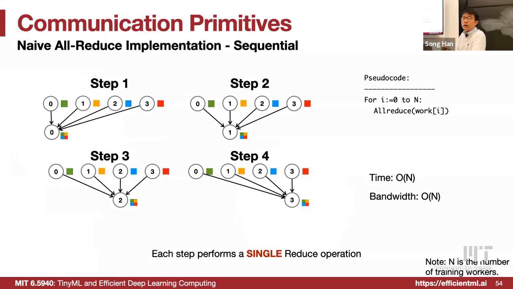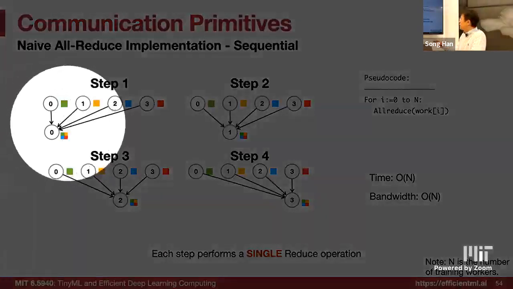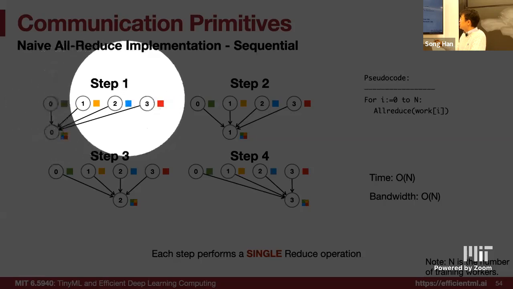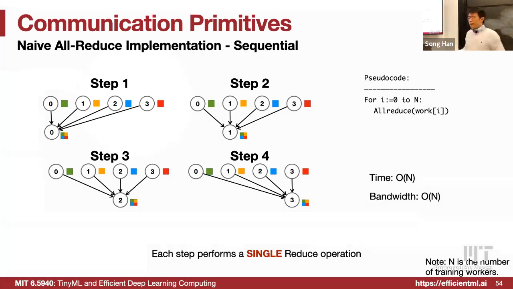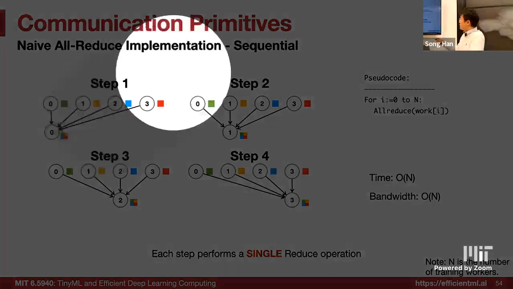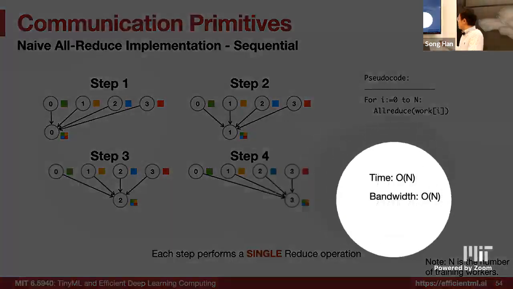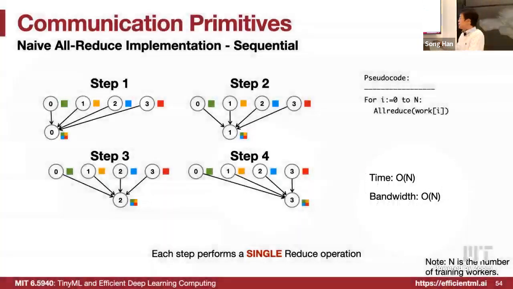Although the calculation has some redundancy, they're all calculating the sum of the green, yellow, blue, and red, right? So what is the time complexity? Actually, that's O(n). We're sequentially doing the reduction. So time is O(n). What about the bandwidth? It's also O(n) because each worker requires receiving the data from all the other workers. So both the time and bandwidth are O(n), which is not good.